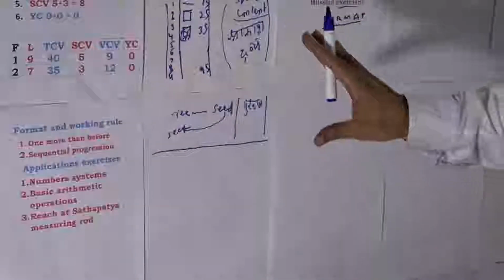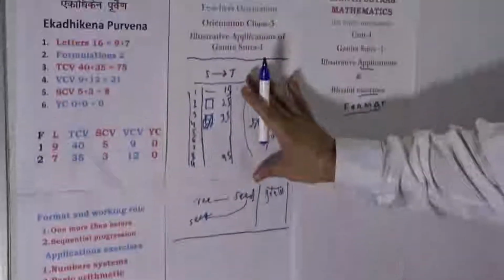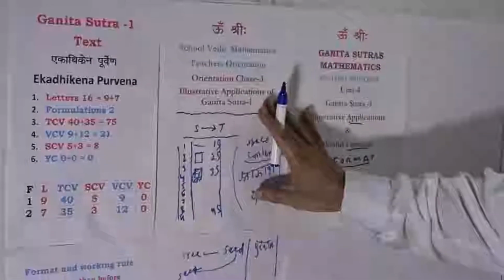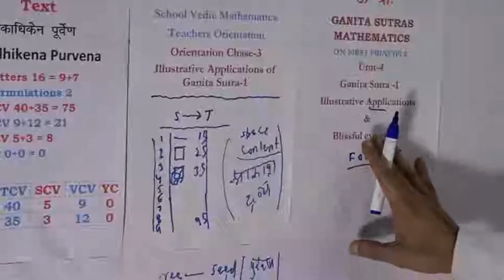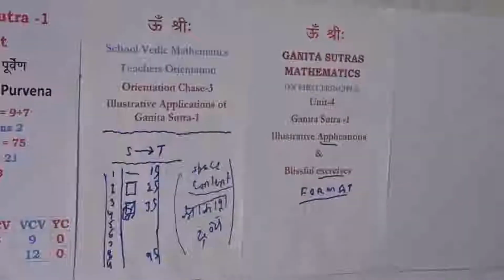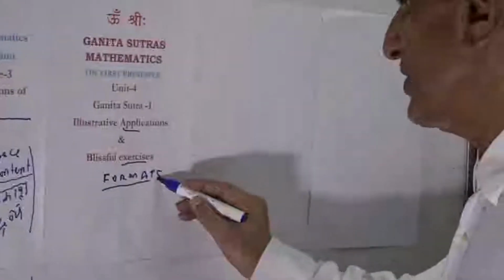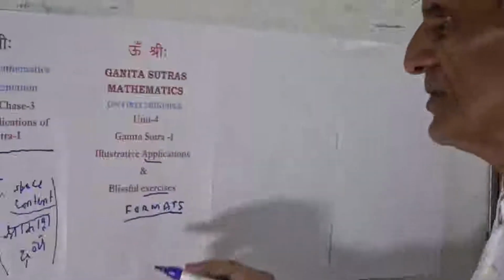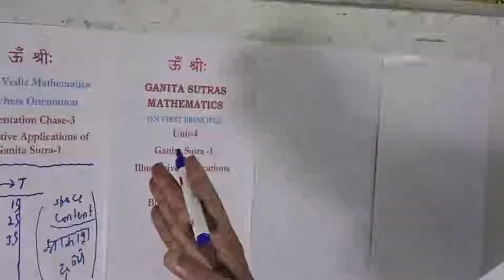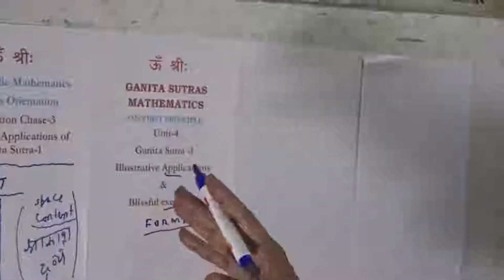When we begin our chase for the applied values as blissful exercises, first of all, we have to reach at the formats. Which are the formats along which the pure values can be chased and utilized as applied values?